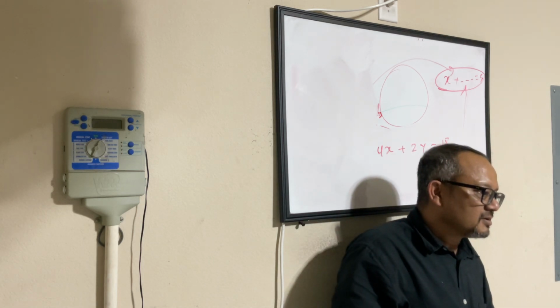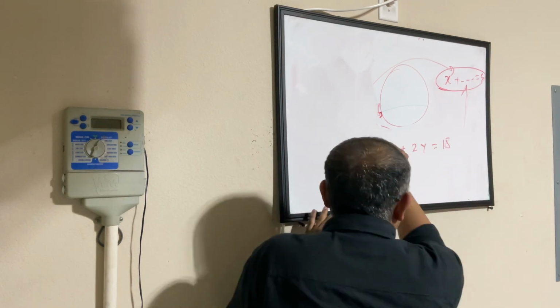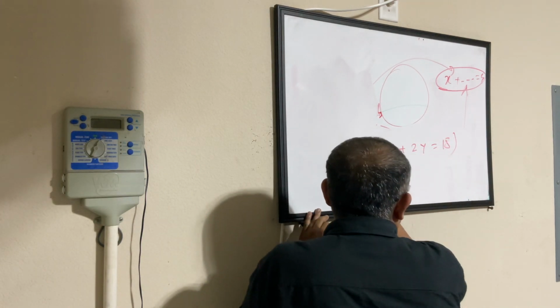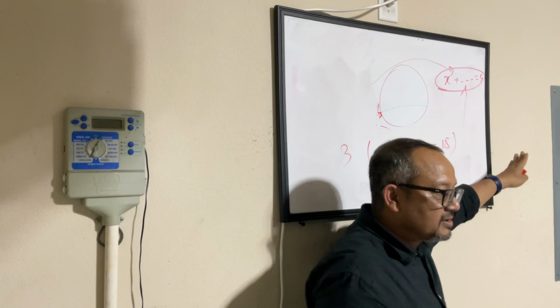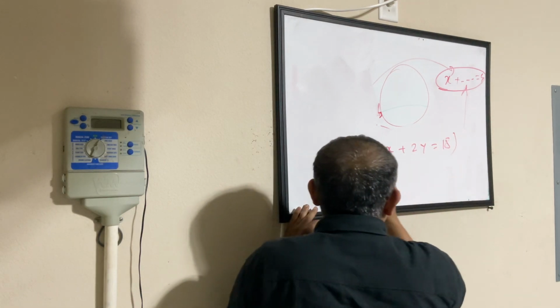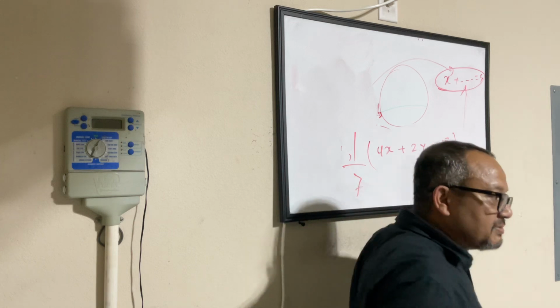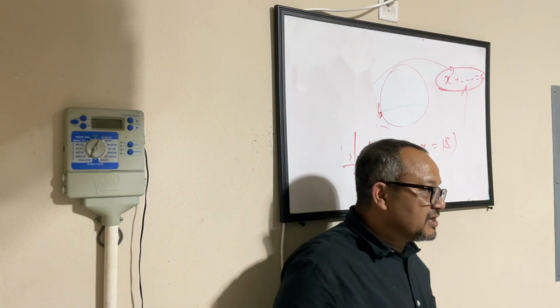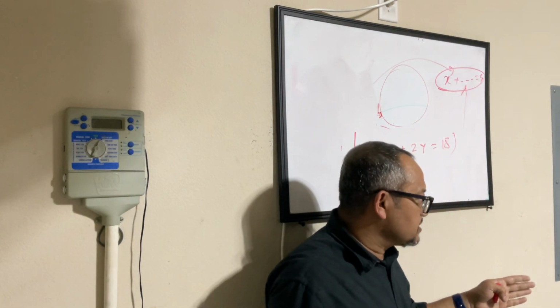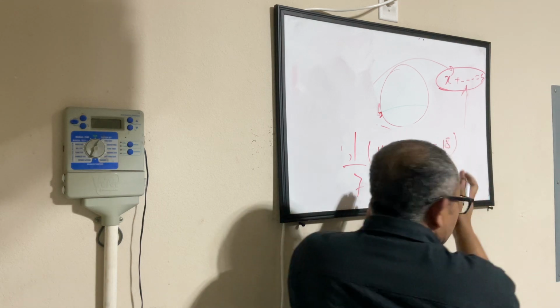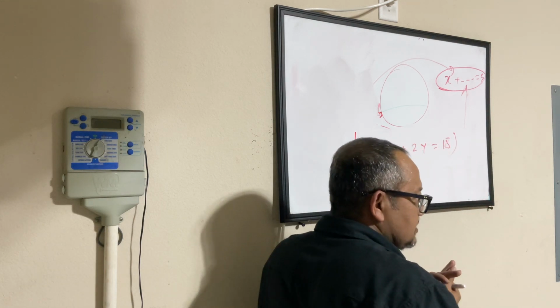You can divide everything by 2. You can multiply it by any number, all the terms of this equation. You can divide it by any number that you like, each and every term of the equation. And that doesn't change the overall behavior or the nature of the equation. We call them equivalent equations. Okay?